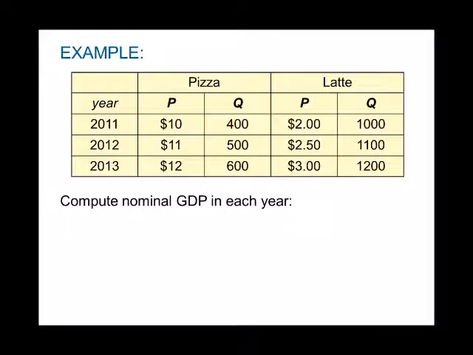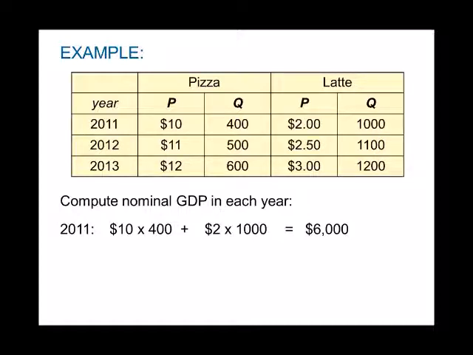Now, if we wanted to find nominal GDP, in 2011, 400 pizzas were being produced times $10 per pizza. And the price of latte was $2, and 1,000 units of lattes were sold.